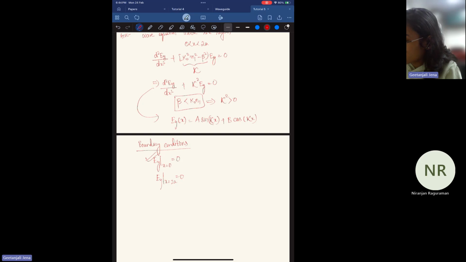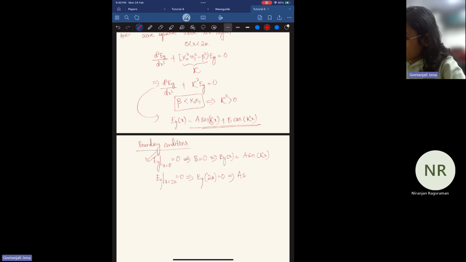If you put the first one into this equation, this will give B equal to 0. That means Ey(x) should be A sine kappa x. And from the second relation, Ey at x equal to 2a should be 0.